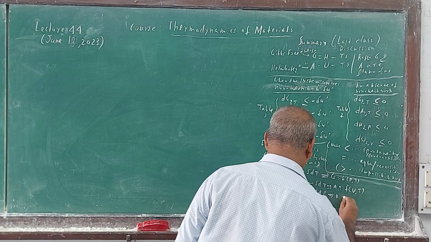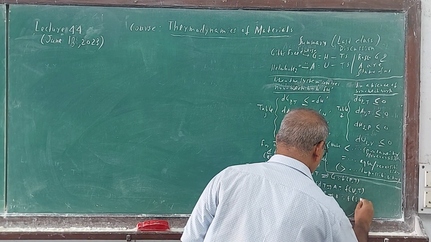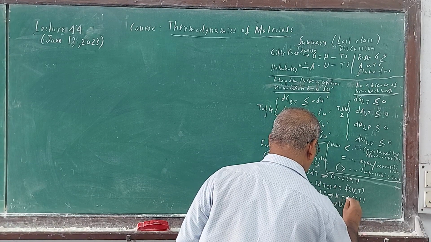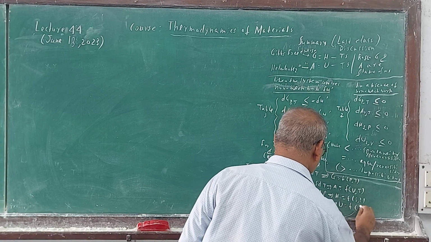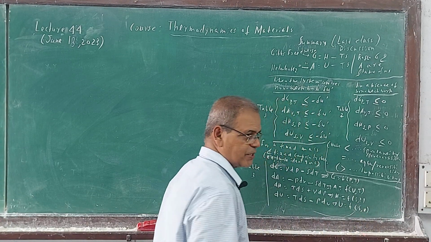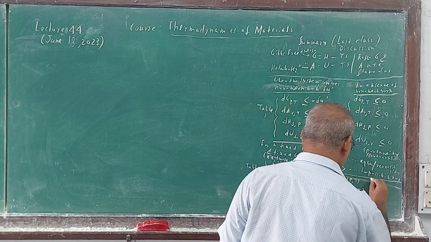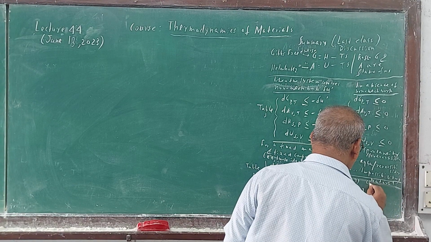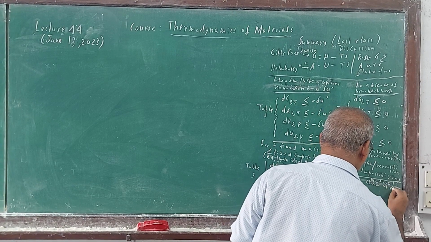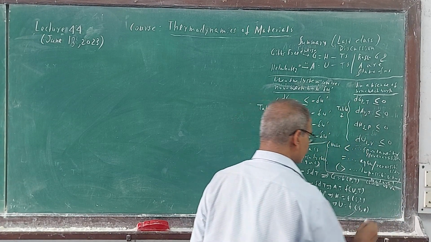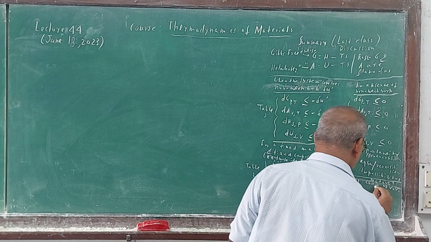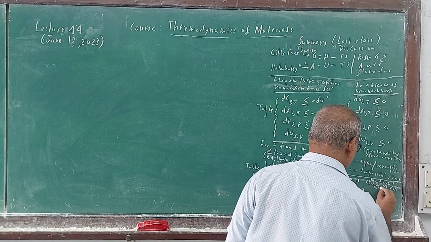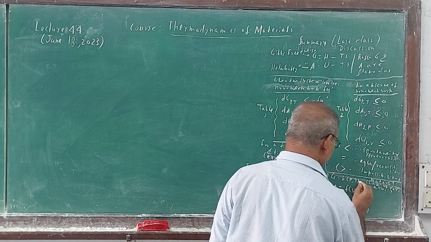H is a function of S and P, and U is a function of S and V. We say these are the natural choice of variables. What is it for G?